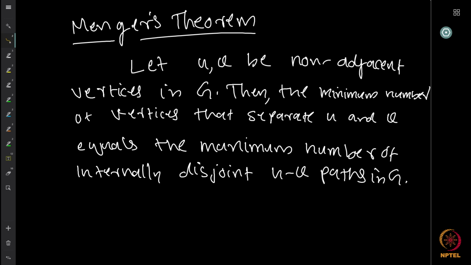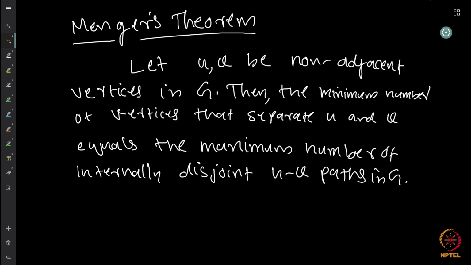If you talk about UV paths, then the minimum number of vertices that can separate U and V: you take U and V, look at all the paths, and find a subset of vertices which will disconnect U and V. So if you remove these vertices, there is no UV path in the remaining graph. Then it's a separator. Find the minimum cardinality separator. That minimum separating set is actually equal to the maximum number of internally disjoint UV paths in G.